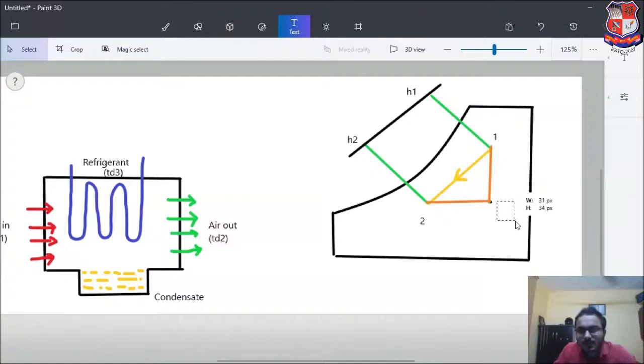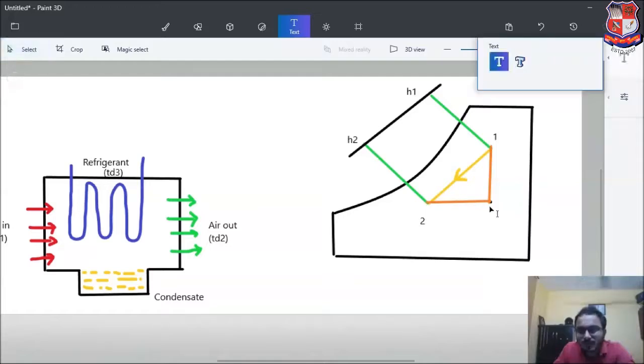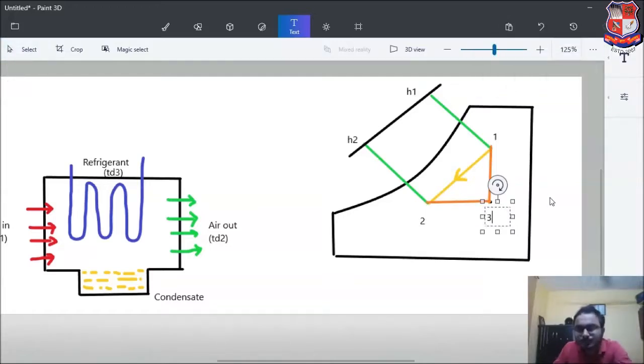Let us say this will be our point number 3. I will explain this part again, that why point number 3 is here.